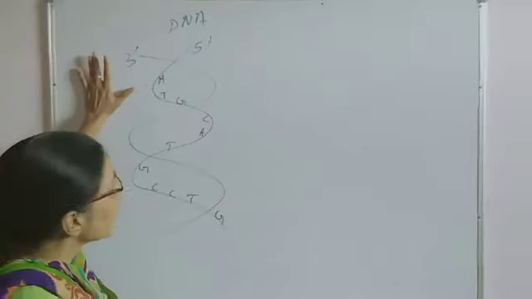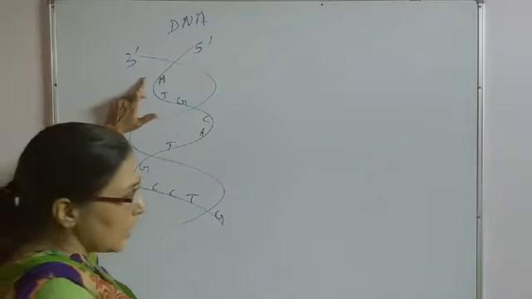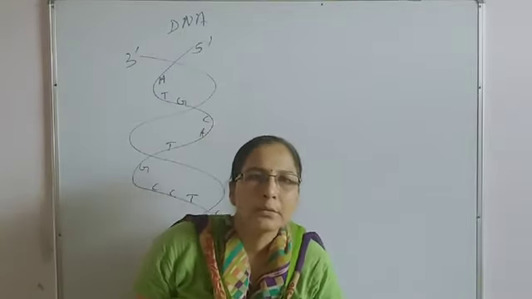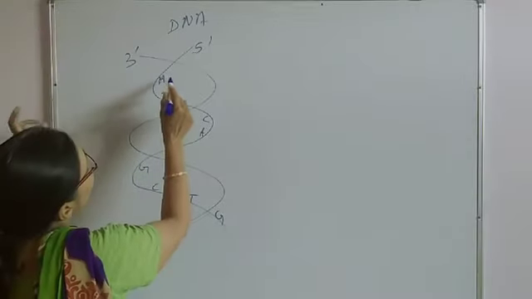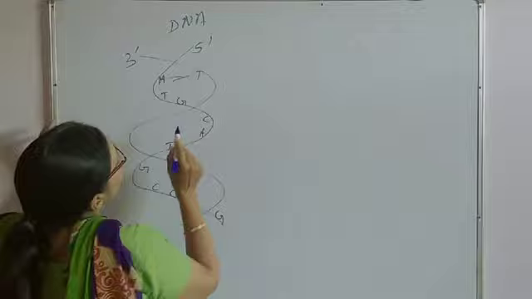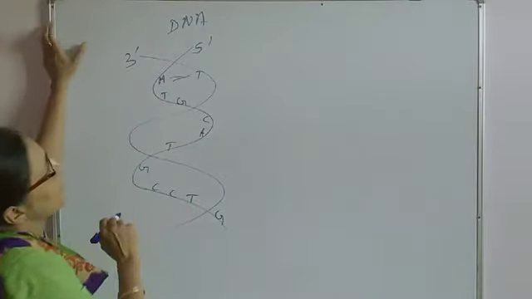Now these bases are forming hydrogen bonding among themselves. Adenine will form a double hydrogen bond with thymine, between the alphabets A, T, G, C, the 4 alphabets we have for DNA.